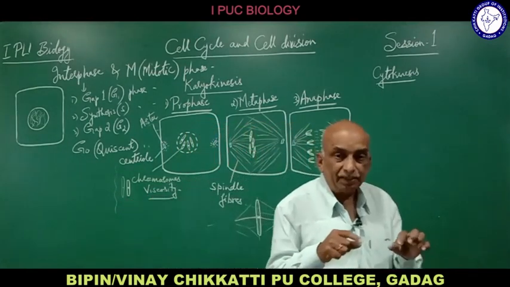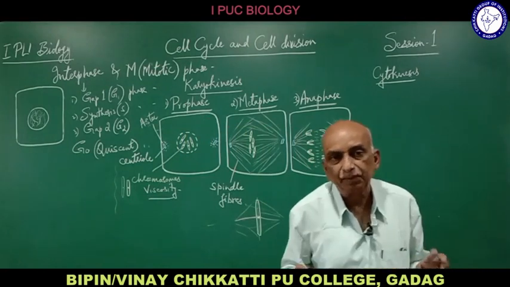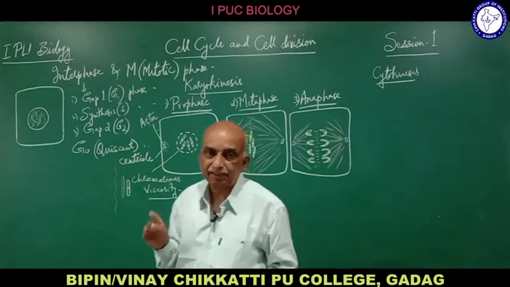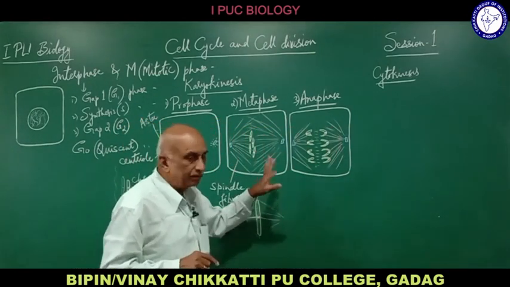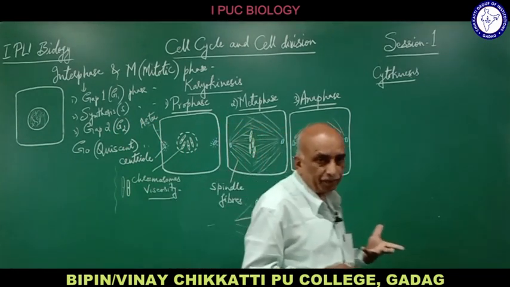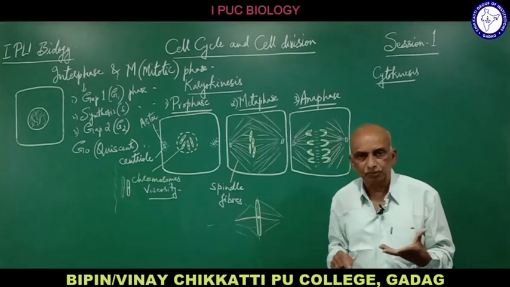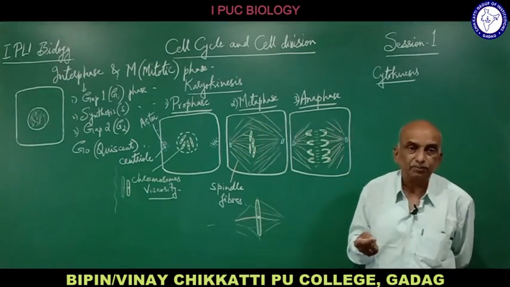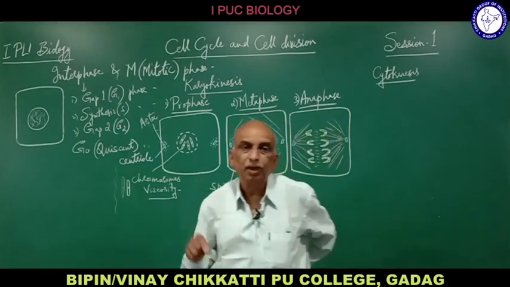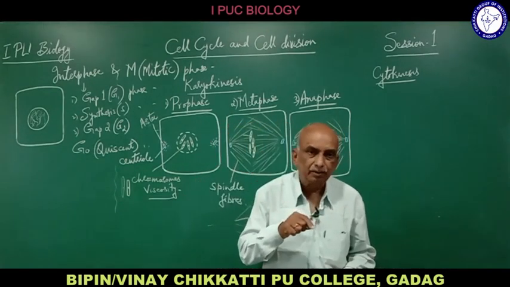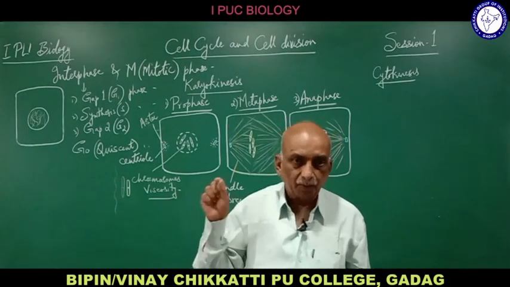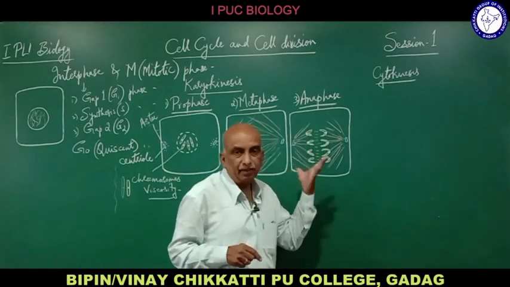When they are pulled by the spindle fibers, they appear V-shaped or somewhat J-shaped, like a capital V or capital J. The chromosomes moving away from the equatorial plane towards the polar ends is called the anaphase stage.